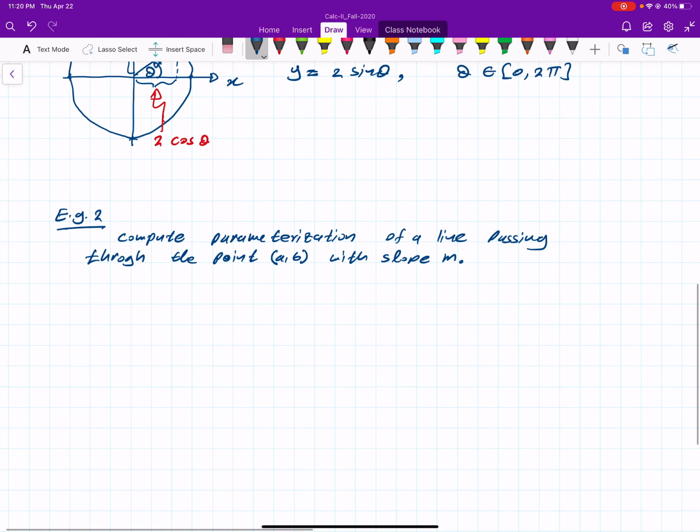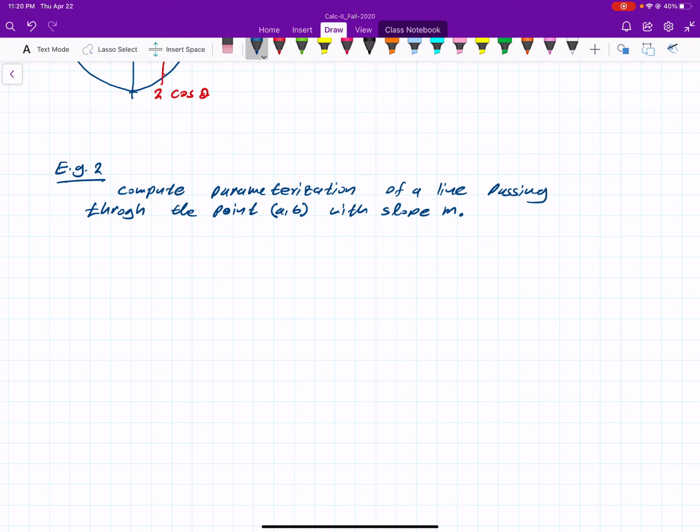Alright, so this is the given information: there's a line passing through the point (a, b) with slope m.